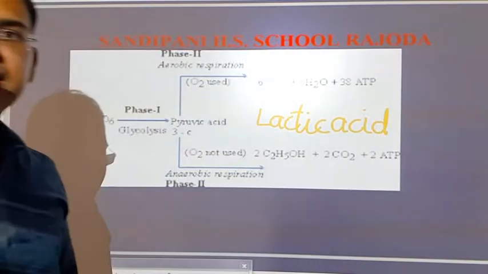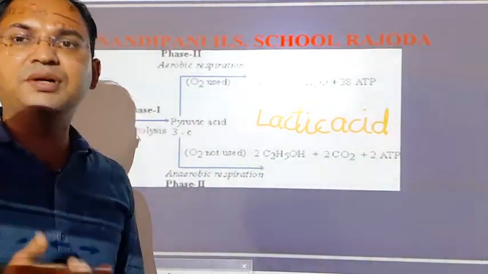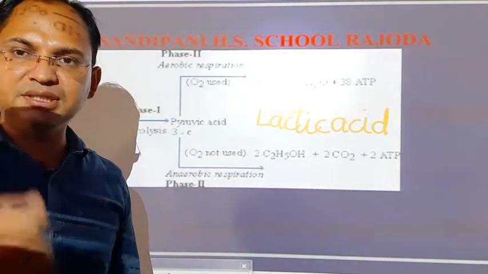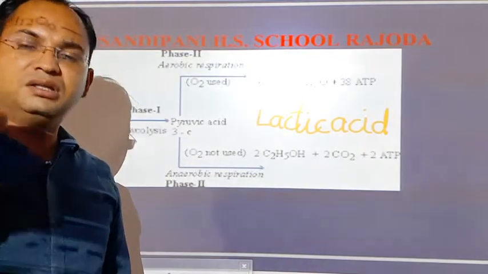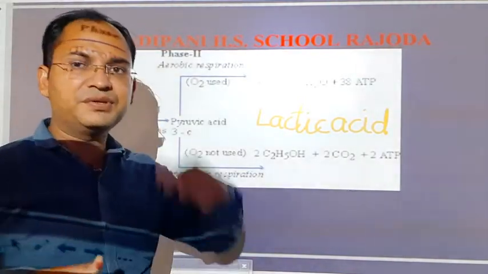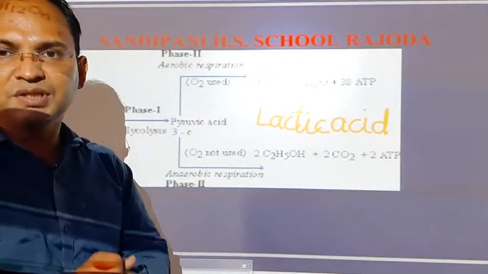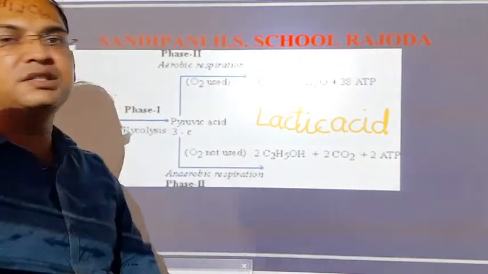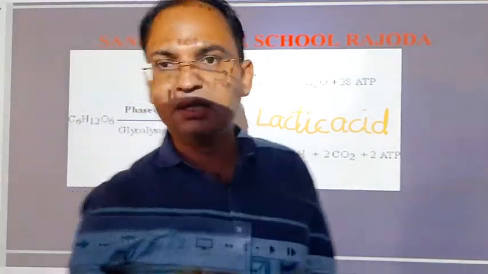But this lactic acid is produced only when there is an insufficient amount of oxygen, only a little amount of oxygen, which is insufficient for the aerobic respiration.